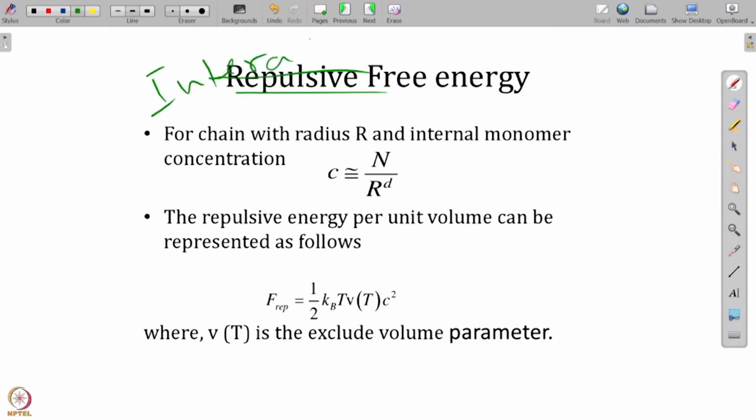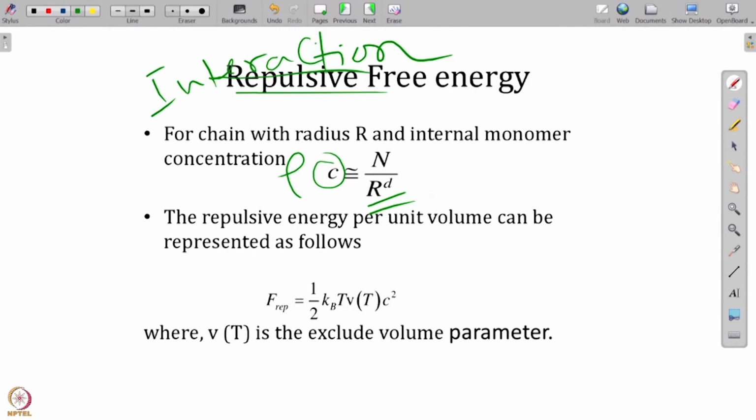Effective interaction energy is very important. As we just discussed before, the density or concentration, I can as well call it density rho, but concentration C is the total number of monomers divided by the volume R to the power D, where D is the dimension.